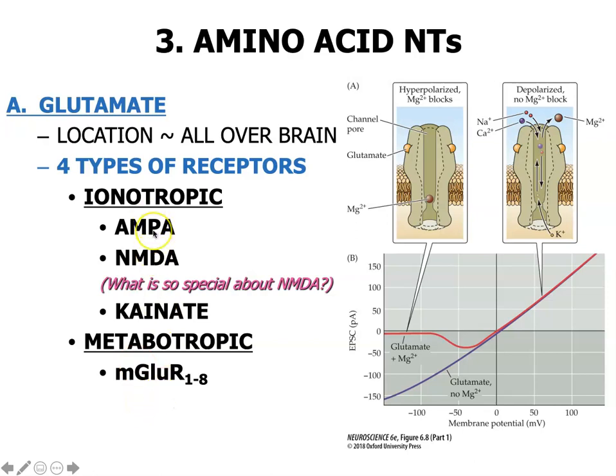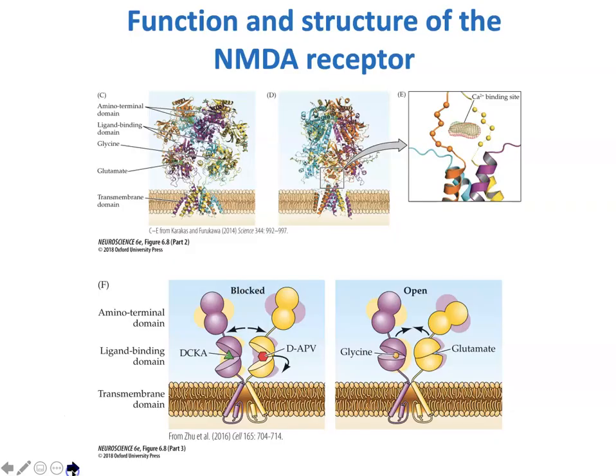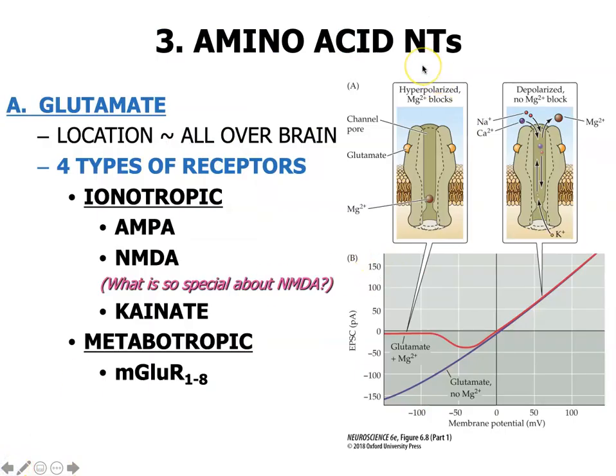The NMDA receptors have a very characteristic structure, and the receptors themselves have a magnesium plug that will be moved whenever the membrane potential becomes depolarized.